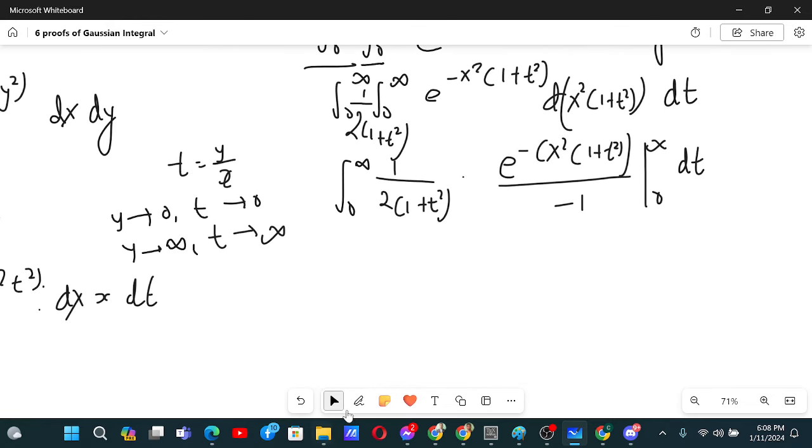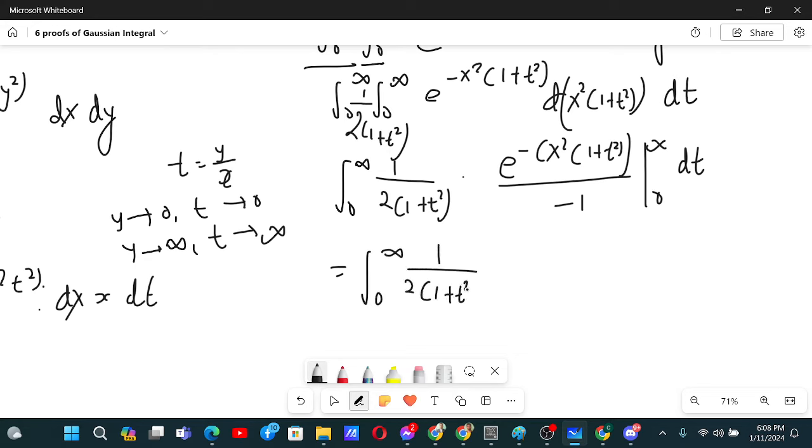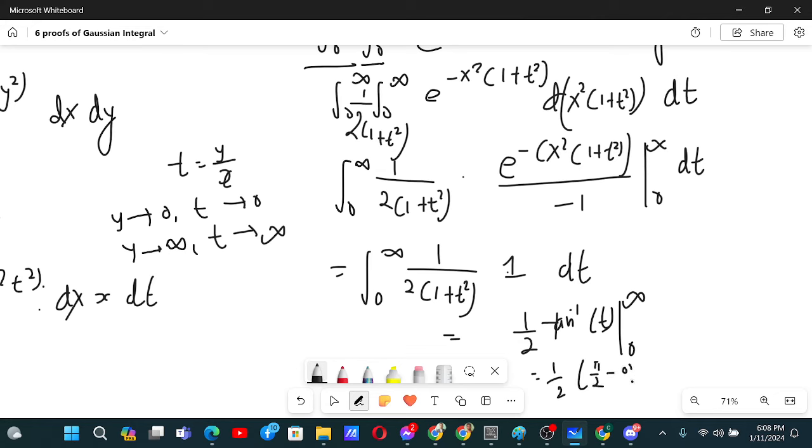After that, we will have integral from 0 to infinity of 1 by 2 times 1 plus t square, and at infinity this is 0, at 0 this is 1, so that's just 1 times dt. Now this is 1 by 2 tan inverse t, going from 0 to infinity, and this is 1 by 2 times pi by 2 minus 0, that's just pi by 4, which is I square, so I is again root pi by 2. So this was another proof.